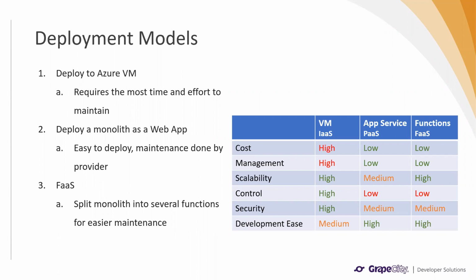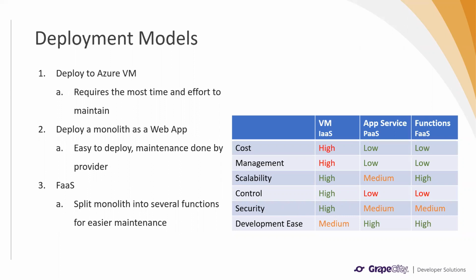So you can have an Azure VM initiated in your subscription, and use that as a server to host your applications. Now, this requires a lot more time and effort from your side. From a cost perspective and a management perspective, it requires more from you because you have to maintain the VM.